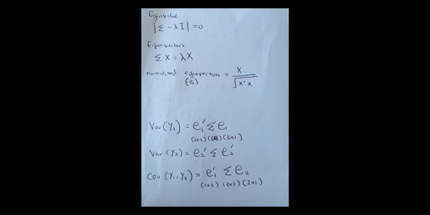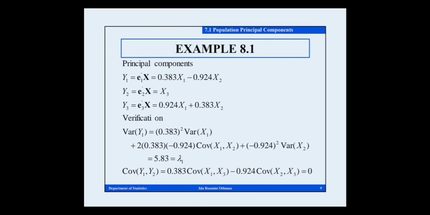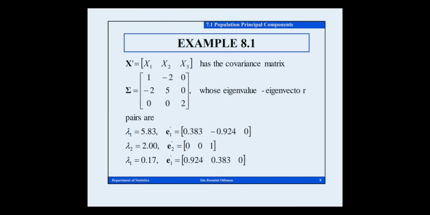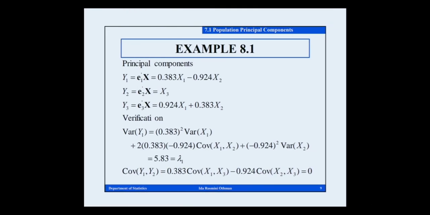We have the variance covariance matrix. Multiply these 3, you akan dapat satu value. Sebab 1 by 3, 3 by 3, 3 by 1, you akan dapat satu value. Satu value tu ialah dipanggil variance of first principal component. So you akan dapat 5.83, it is equal with the first eigenvalue. Okay, the variance of the principal component adalah equal with the eigenvalue.